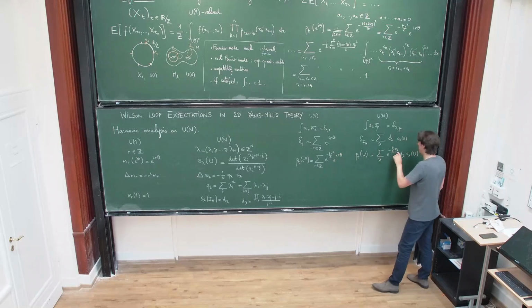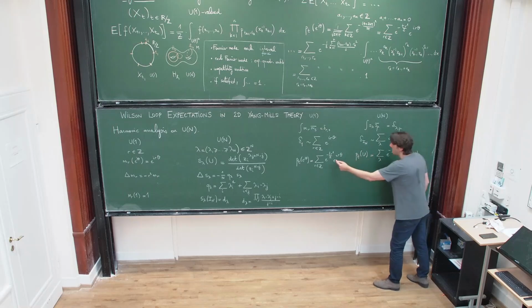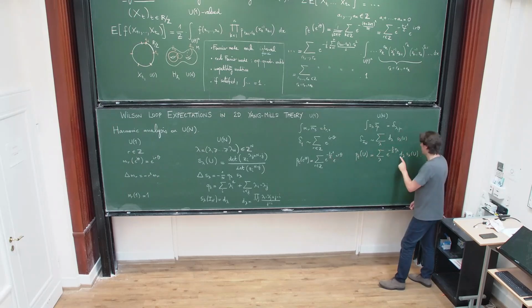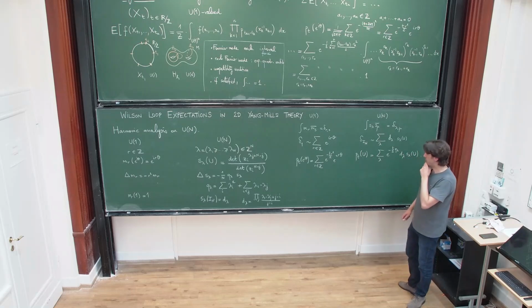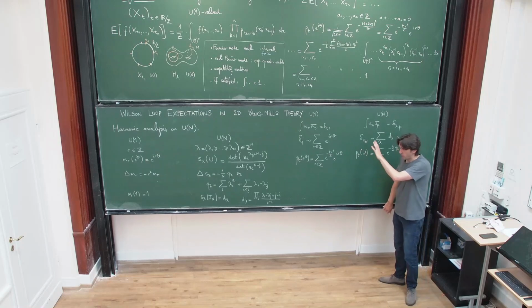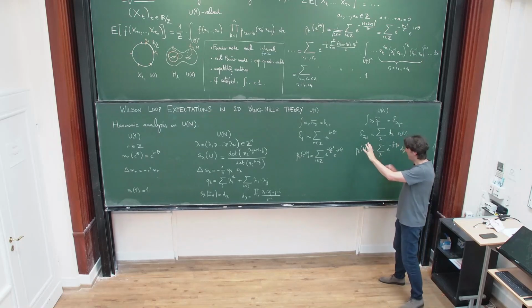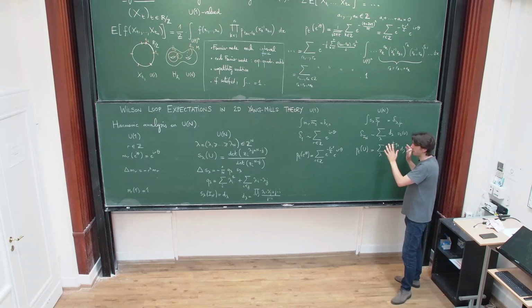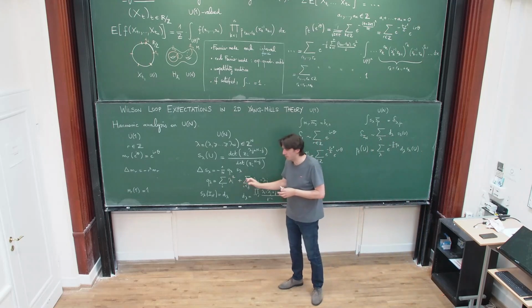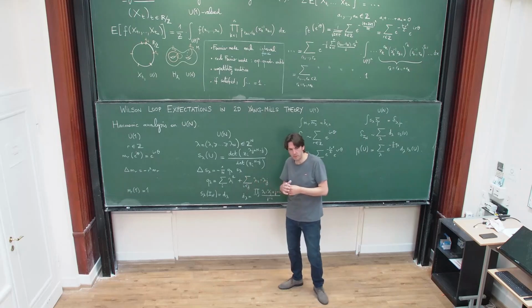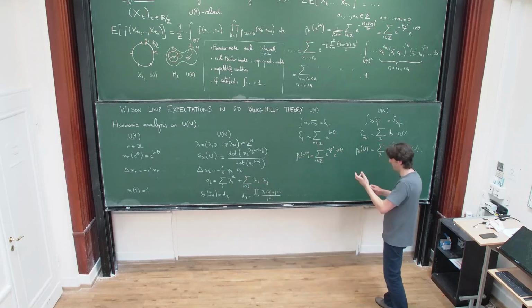R squared is now replaced by this somewhat more complicated function. The 1 that we didn't see is now an integer that's a bit more complicated than 1, but okay. And we have the Schur function. So far the analogy is very close, and things on the right are more complicated than things on the left only because formulae are a bit more complicated, but essentially the situation is not much worse.